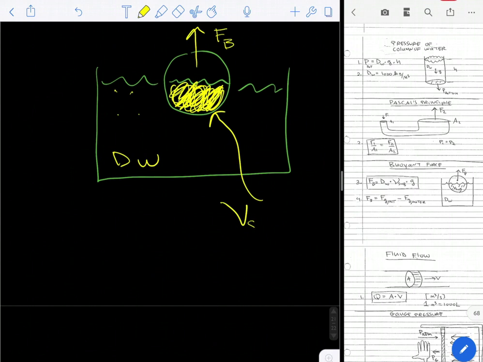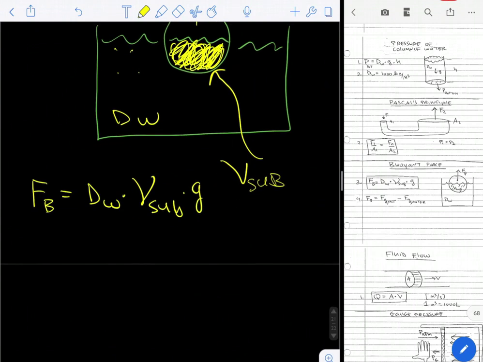That's the submerged volume. And from there, we're going to say that the buoyant force, FB, is going to equal the density of water times the submerged volume times g.